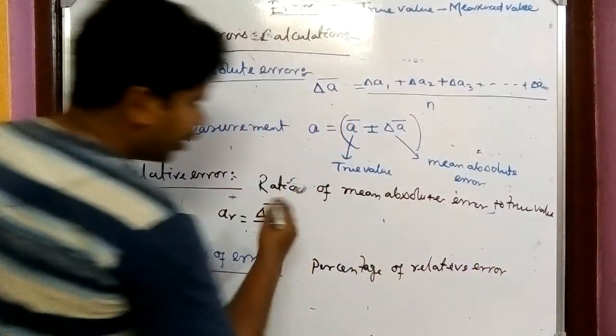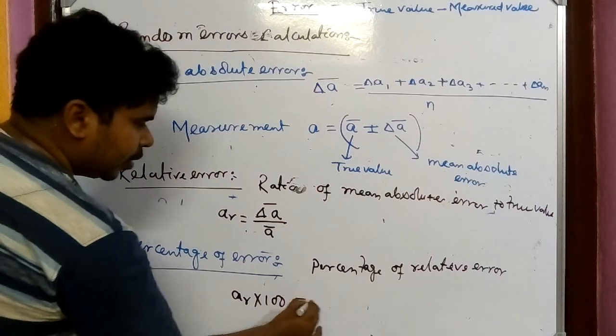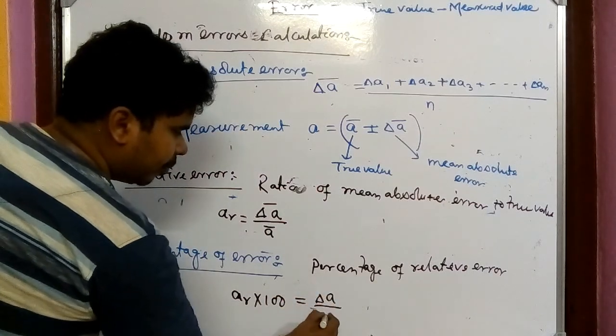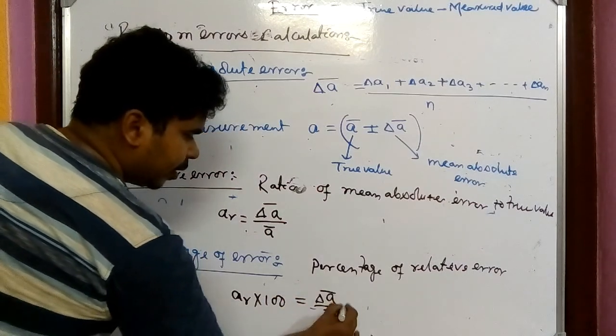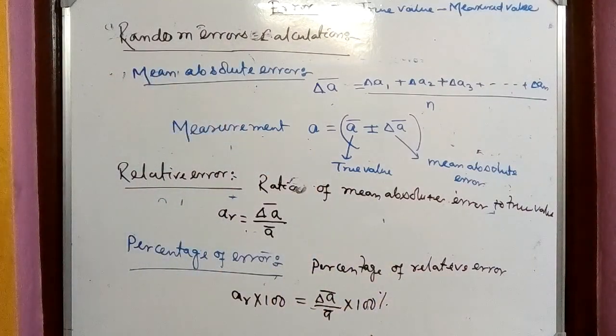So what relative error we have found out? If I multiply with 100, that is delta A by A bar into 100, that will give us the percentage of relative error. Okay, so that you can say the calculations of error, especially for random errors.